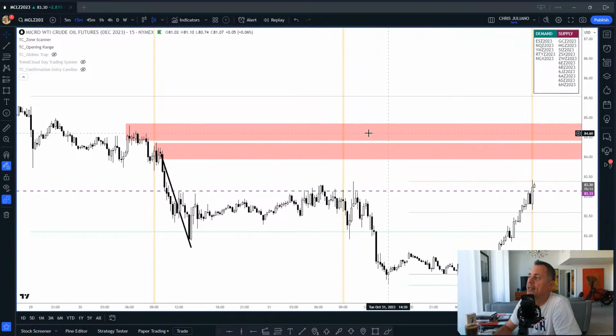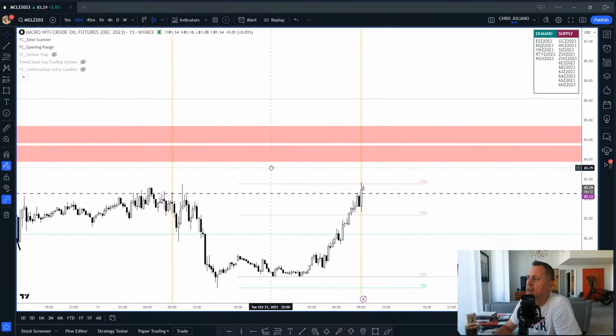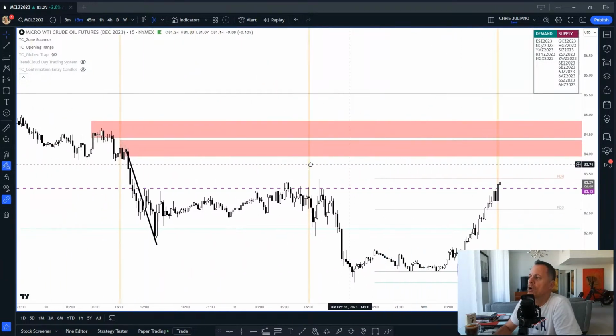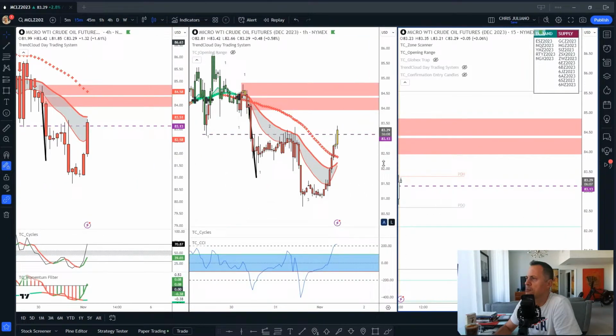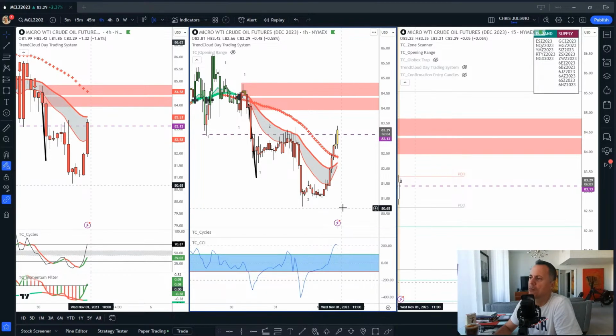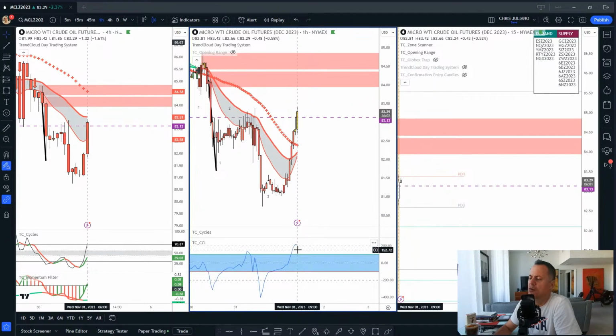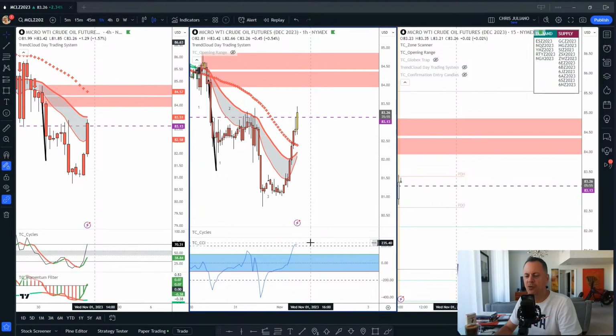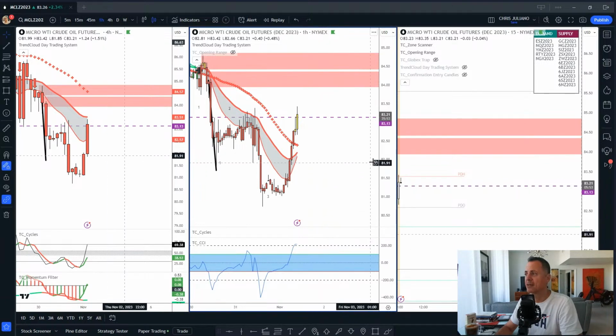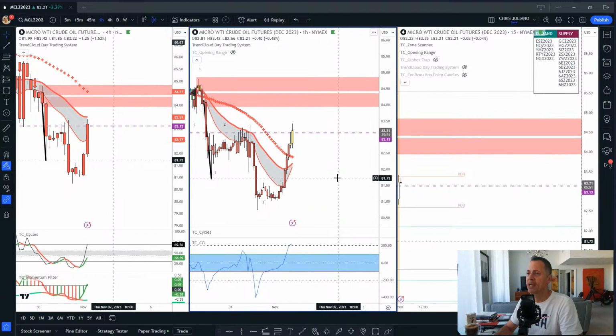All right, so you've got this area, but when we're pulling into this supply zone, okay, look at where our middle momentum is, our middle time frame momentum. It's above positive 200. Guys, that is a lot of momentum, okay?